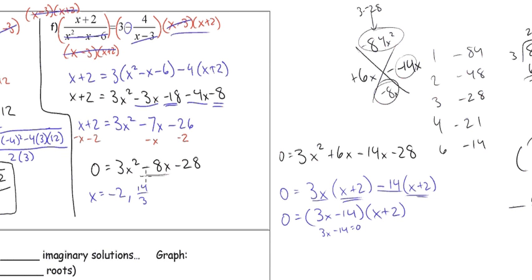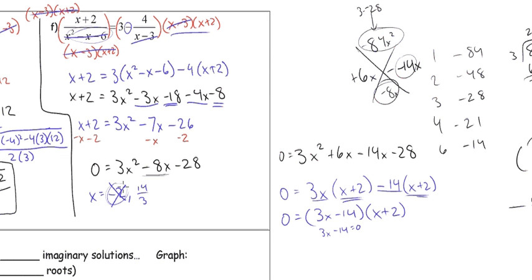Now, the problem with our answers right here is that if we plug negative 2 back into right here, we'll get 0 in the denominator. So negative 2 squared, that's 4, minus negative 2, that's 6, and then minus 6 is 0. So we'd end up with 0 in the denominator if negative 2 is in here.